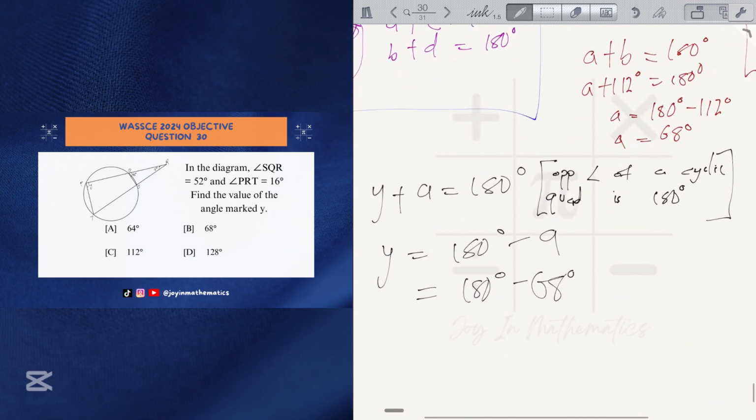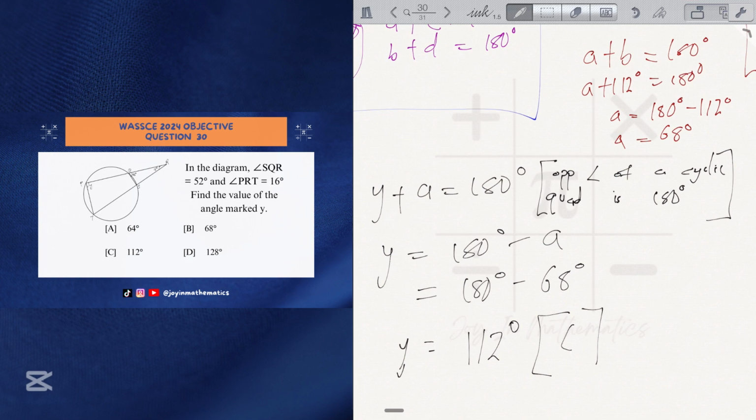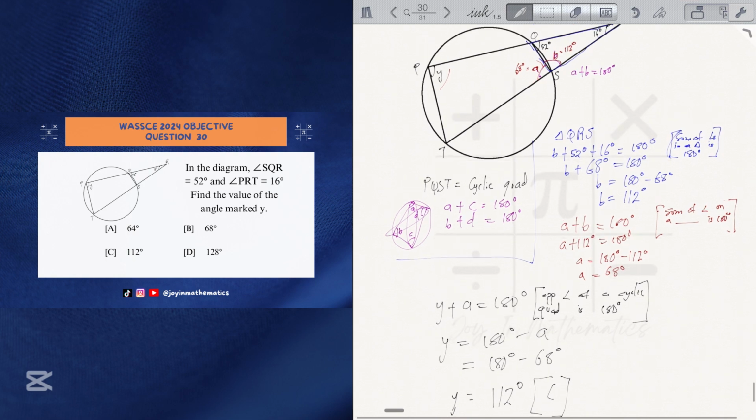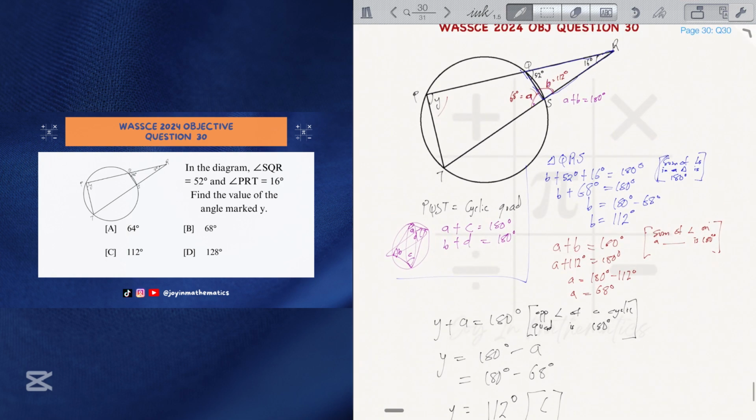Let's rewrite this. 68 degrees, and this means that our Y is equal to 112 degrees, equivalent to option C. So we can see now that we started from angles in the triangle to angles on the line to opposite angles of a cyclic quadrilateral.